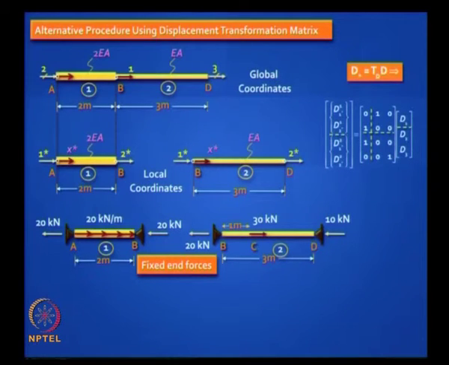How do you convert it from local axis to global axis? So this is the local axis, agreed? For the first element minus 20, minus 20, for the second element minus 20, minus 10 kilonewton. Do you understand? This refers to this element, this refers to this element, minus means pointing towards the left. Does it make sense? We did this in the last class.